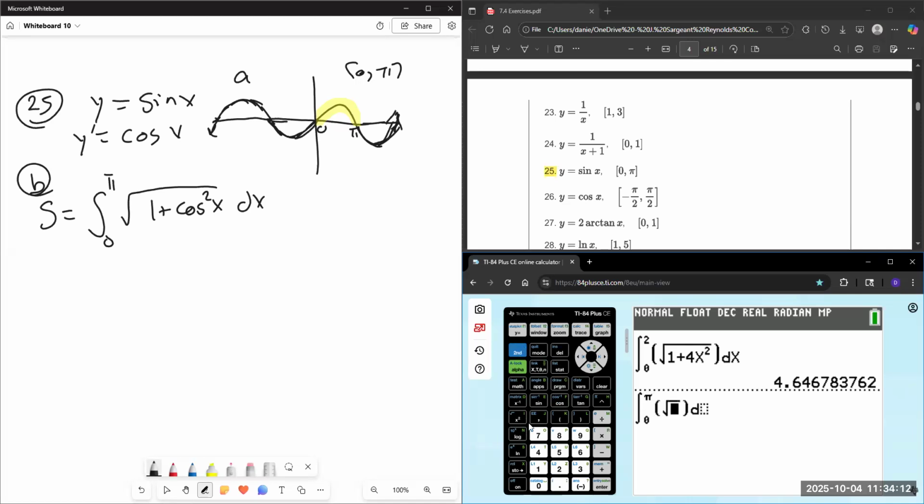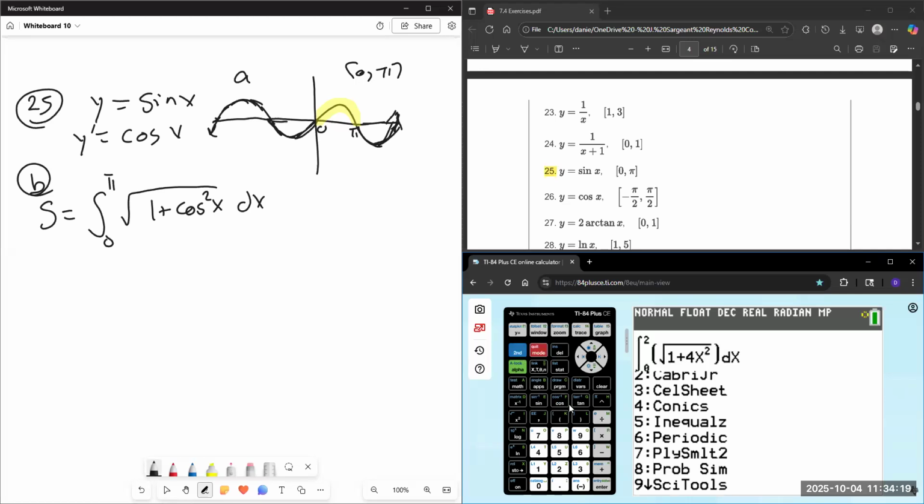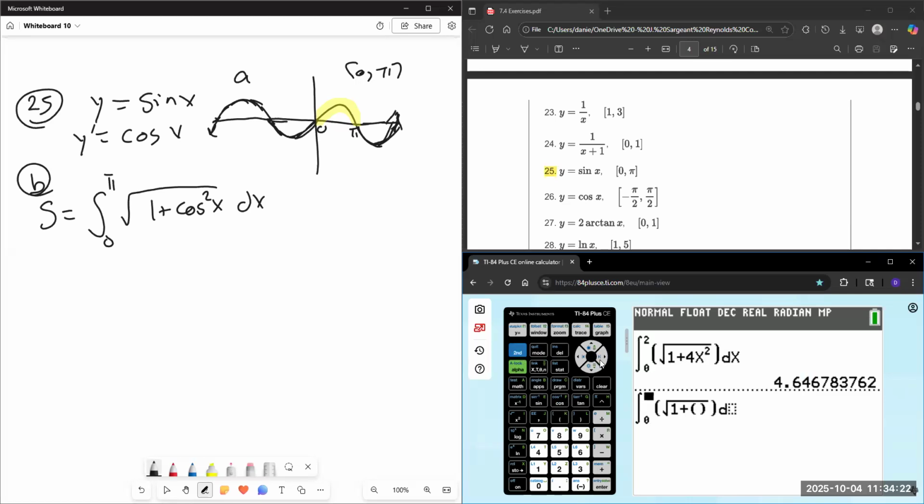Square root of 1 plus, now I need some parentheses, cosine of x squared. Close those parentheses for cosine squared of x. Parentheses are already closed for the integral dx. There we go. Let's approximate this to be 3.820.